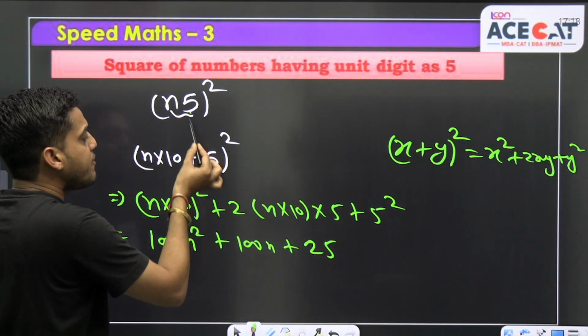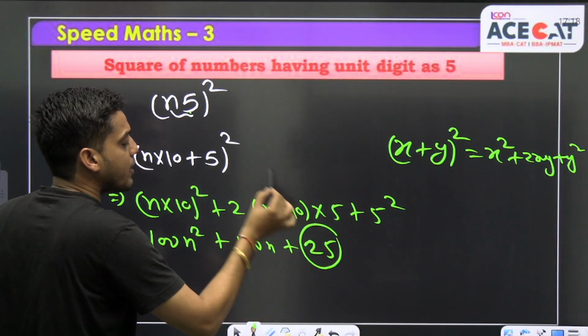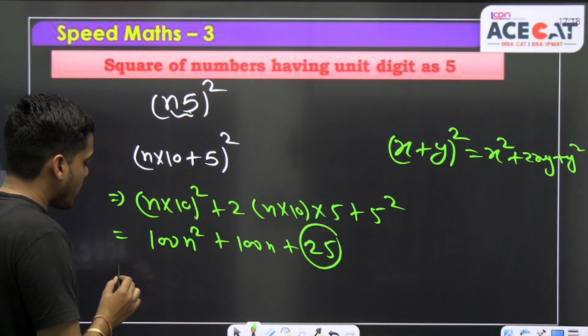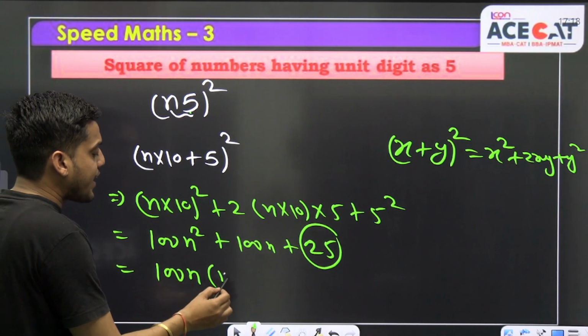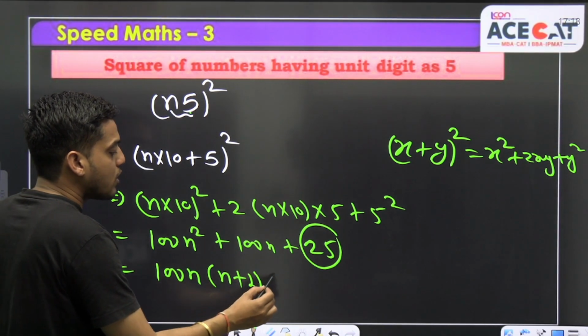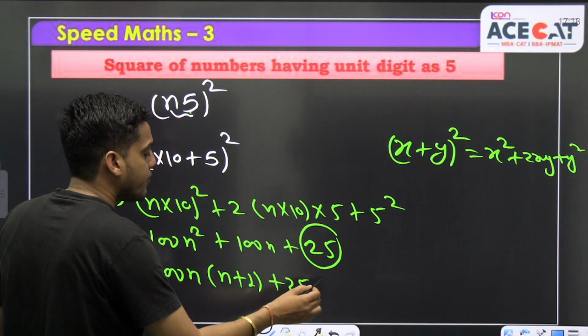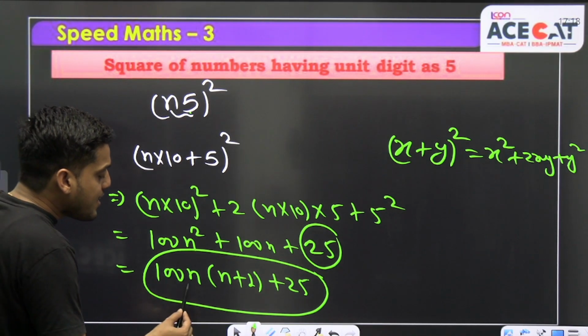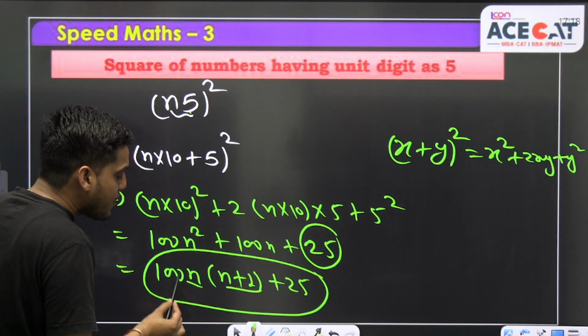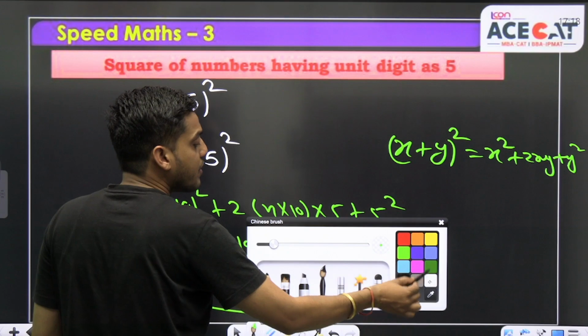In the end, I am having 5, so in the end, I will have 25 for sure. But students, if I take 100n common here, inside the bracket I will have n plus 1, and then plus 25. Students, do you agree with me, guys? N into n plus 1 is getting multiplied with 100.